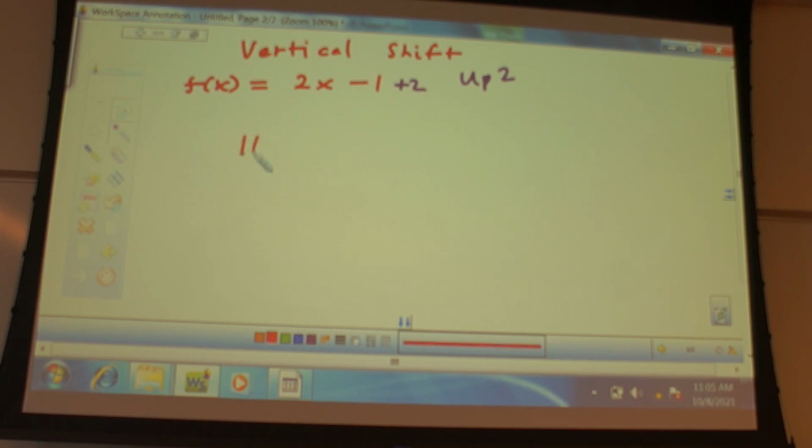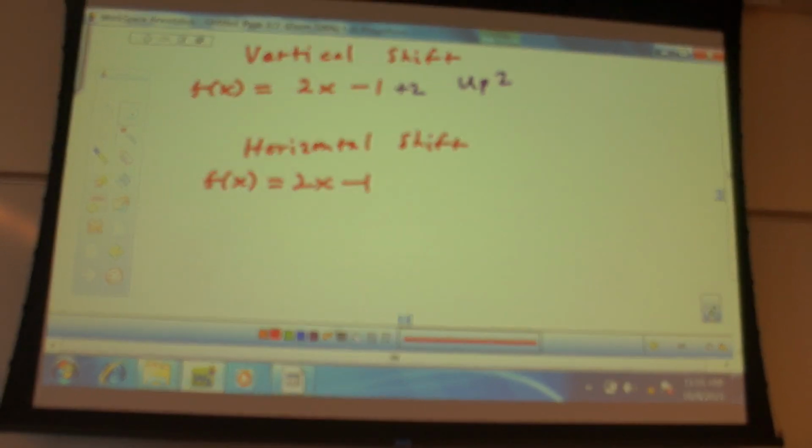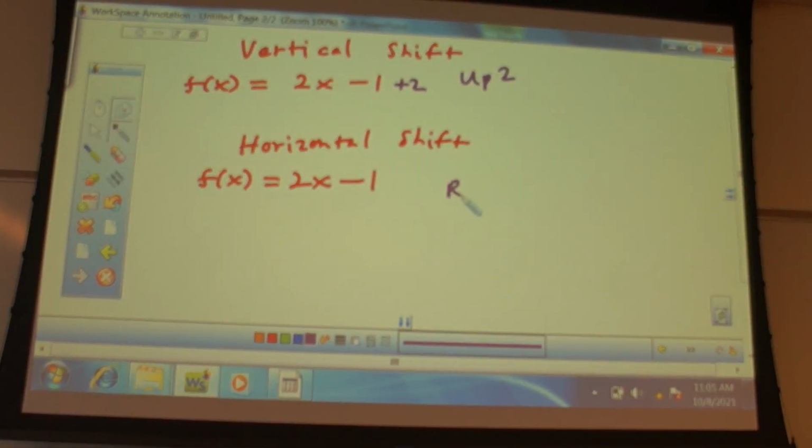Horizontal shift, so here I have f of x equals 2x minus 1, and I want to go right 2.